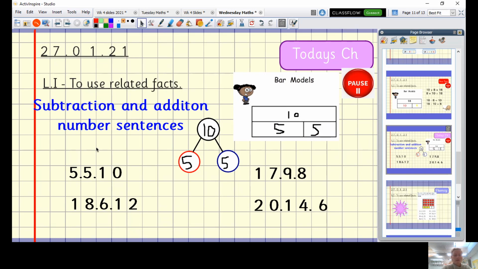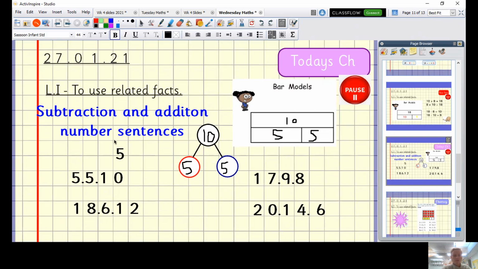So you would have 5 plus 5 equals 10. And you can't switch that one around really, because it would be exactly the same even if you switch them because they're the same. So I'd maybe put my answer at the beginning. 10 equals 5 plus 5.